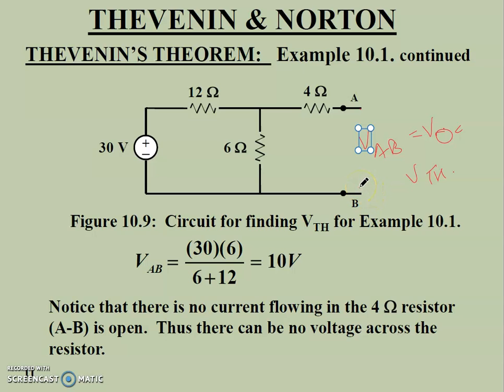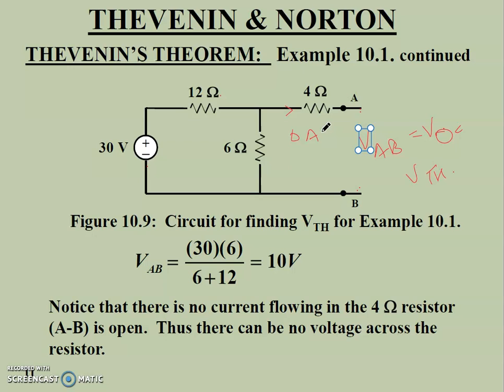In numerical way, this one is the 30 volt source, this one is 12 ohm resistance, and 6 ohm resistance. This part is open circuited, meaning there will be no current flowing through this line, so the current will be 0 ampere.